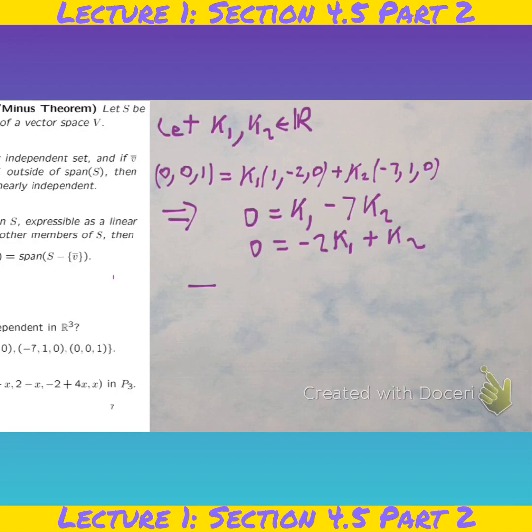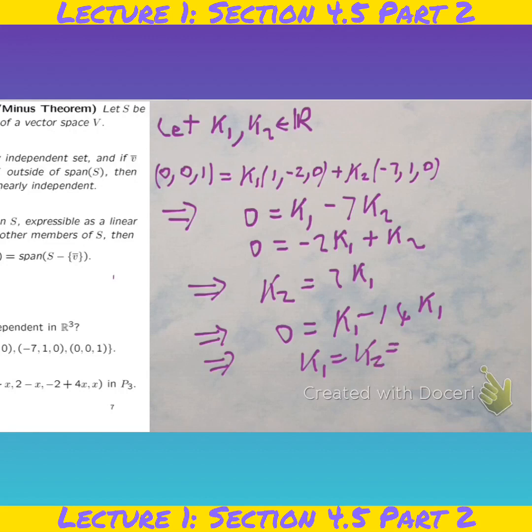Okay, and then from there it follows that k2 is 2k1, and then you plug it into your first equation, which then gives this information here, and from there it follows that k1 is equal to k2 is equal to 0.